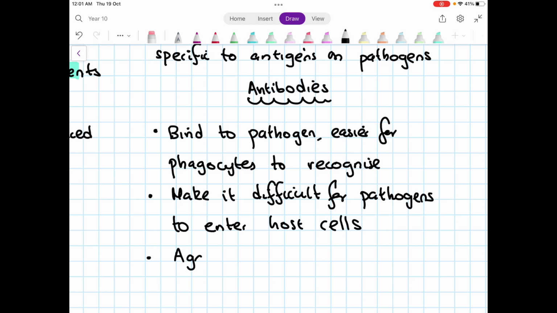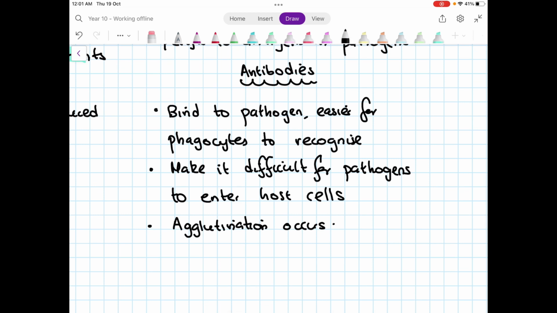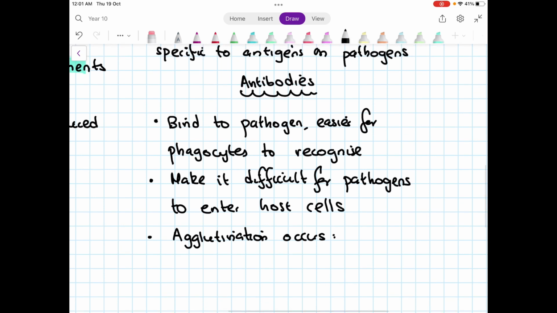They cause agglutination to occur, where the pathogen gathers together.